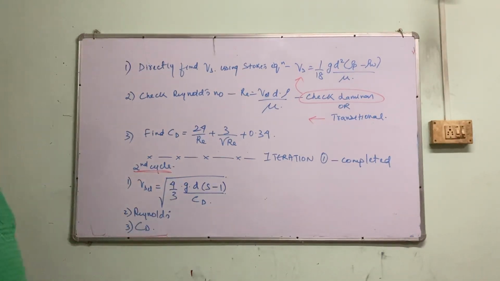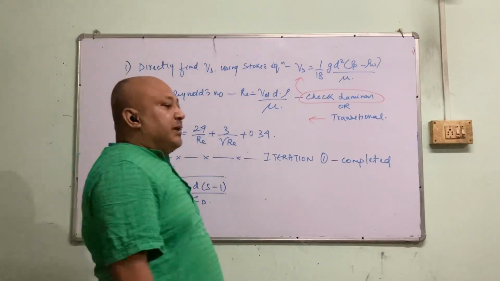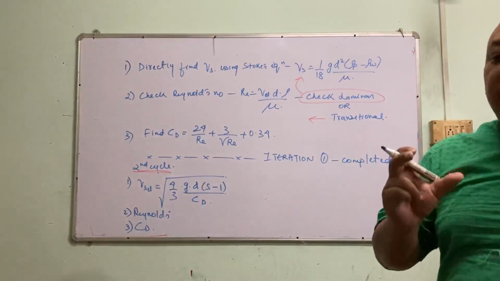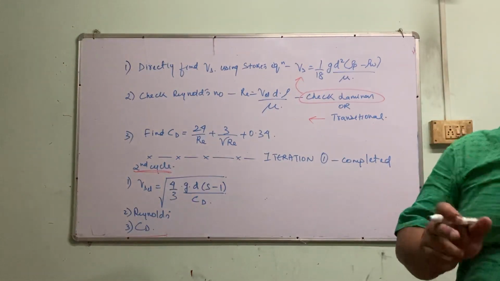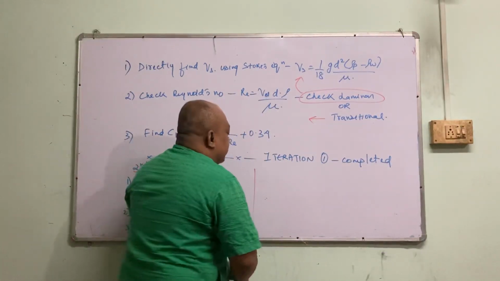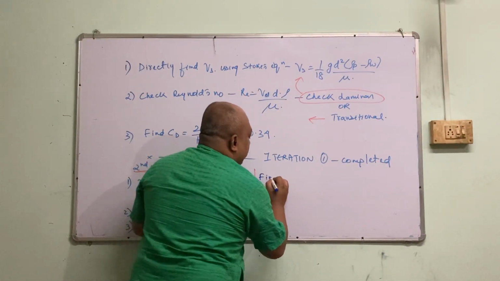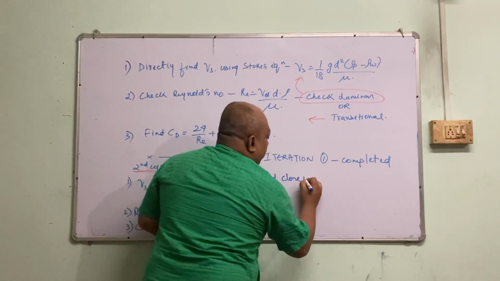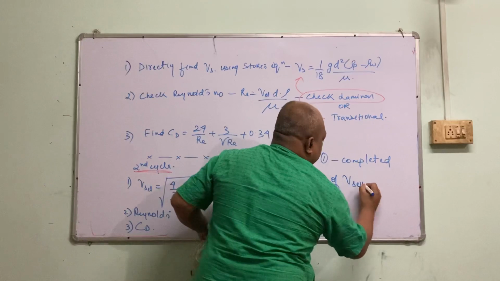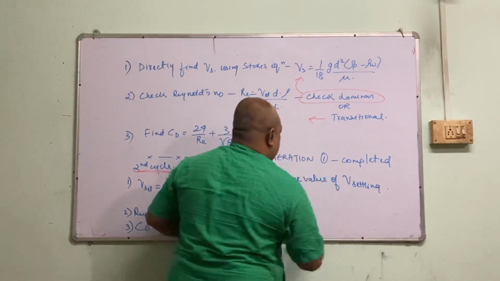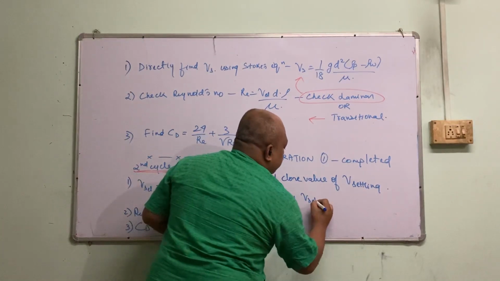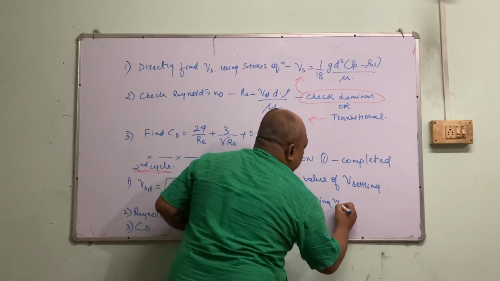Is that fine? And you have to end the iteration technique when you find two settling velocities very, very close to each other, and that value is the settling velocity. The ultimate objective is to find a close value of settling velocity, and that is the settling velocity.